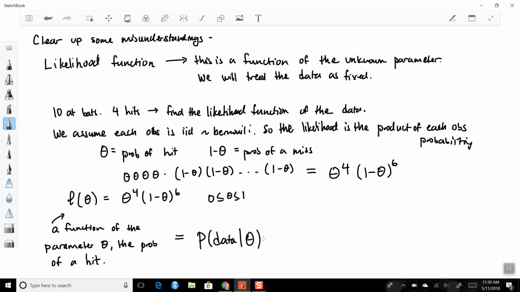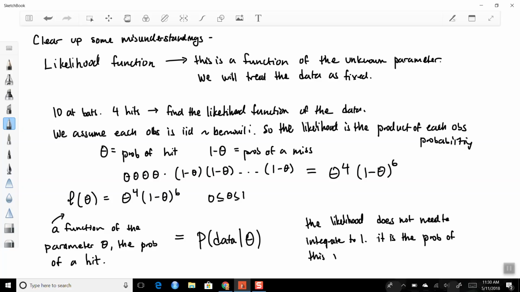It's just the likelihood of this realization of the data. I guess it is the probability of this particular realization of data.